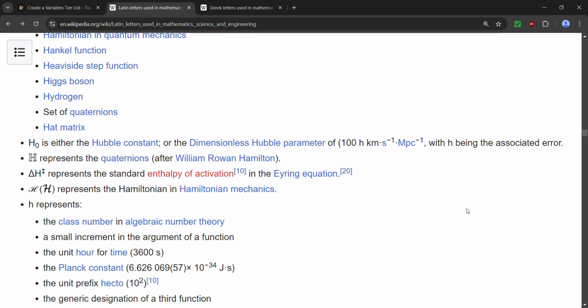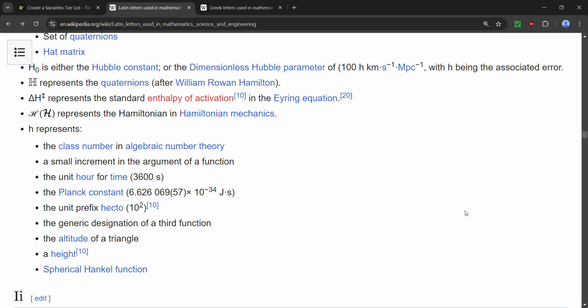What else do we got? The Hubble constant. Oh, Planck's constant. That's pretty important, if you're a nerd, right? No, I mean I like the Planck's constant. And it does represent an hour.